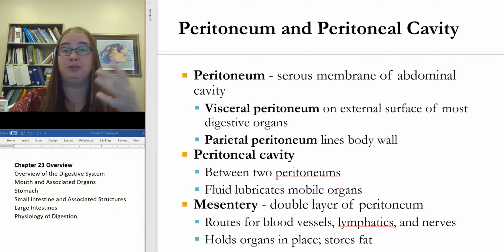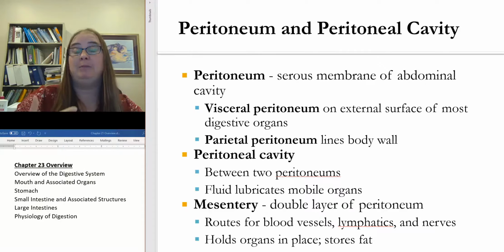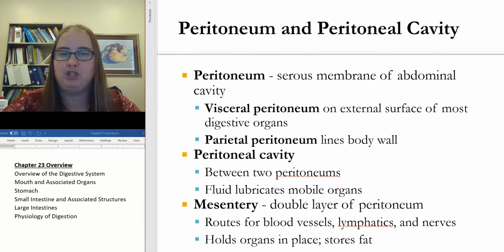We talked about the lungs, we had the pleura, the visceral and the parietal pleura. In the abdominal cavity, we have the same thing, but it's referred to as the peritoneum. So the serosa associated with the abdominal cavity is the peritoneum.